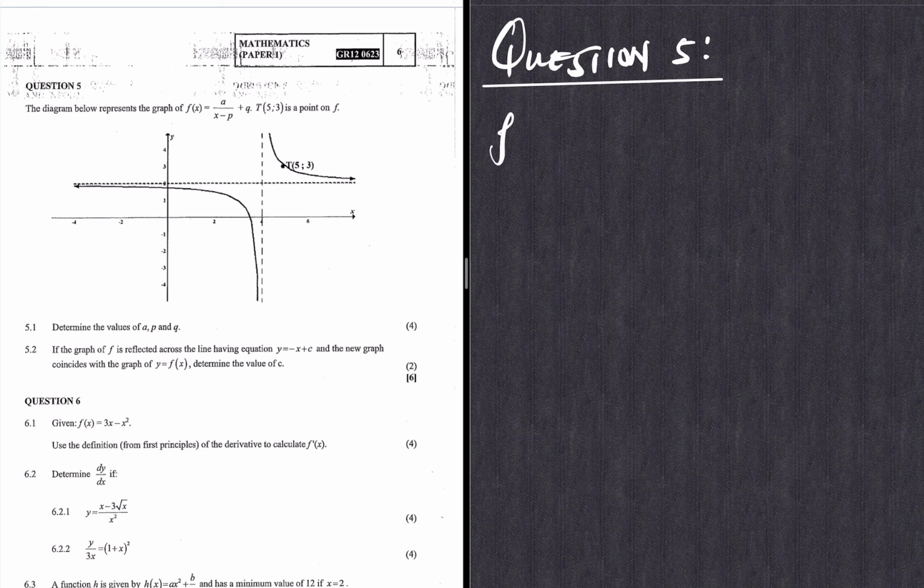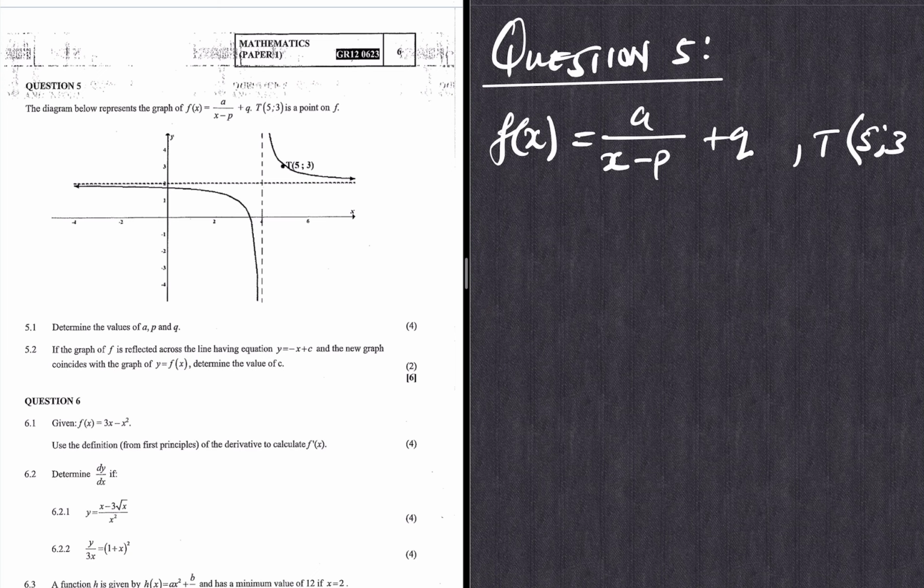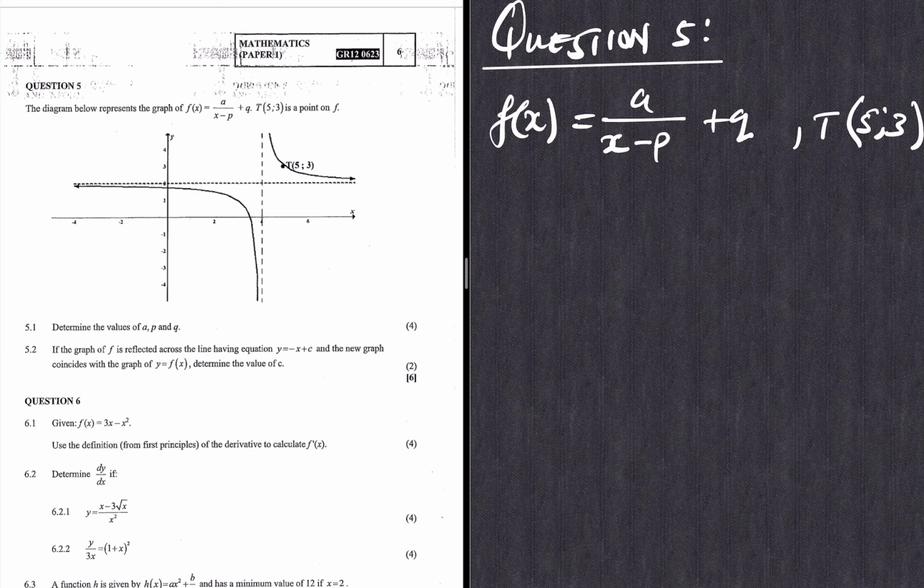You are given f of x that is equal to a over x minus p, and then plus q. There's a particular point T that the graph passes through, that is 5 and 3, okay. Well, you need to be very organic on this type of questions. Think about it.